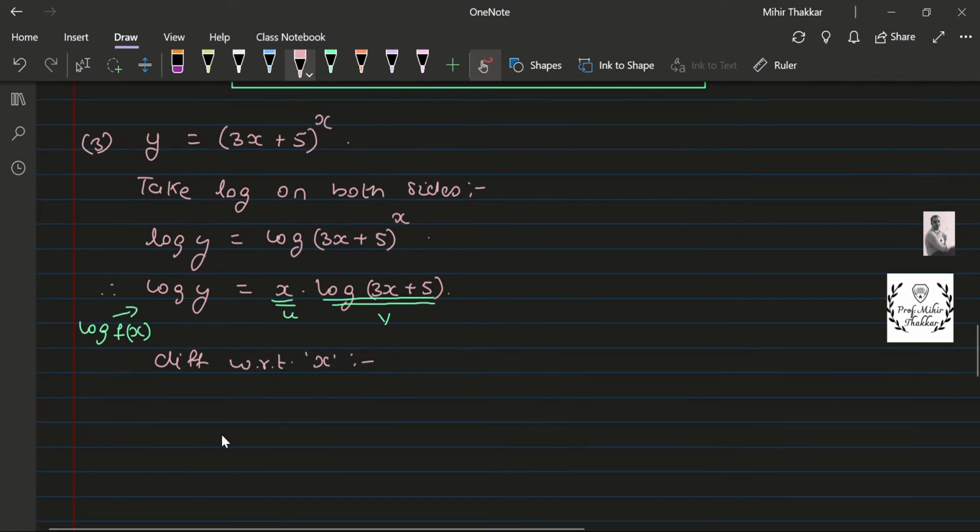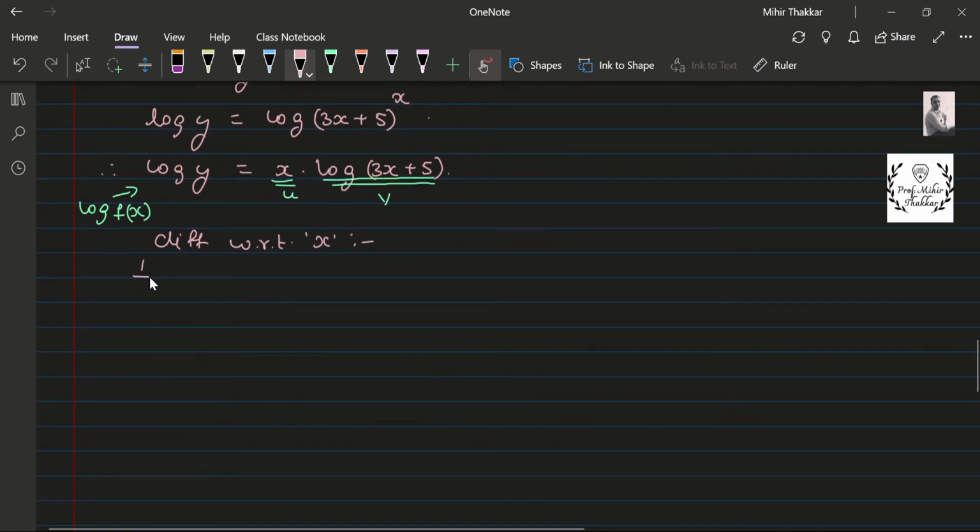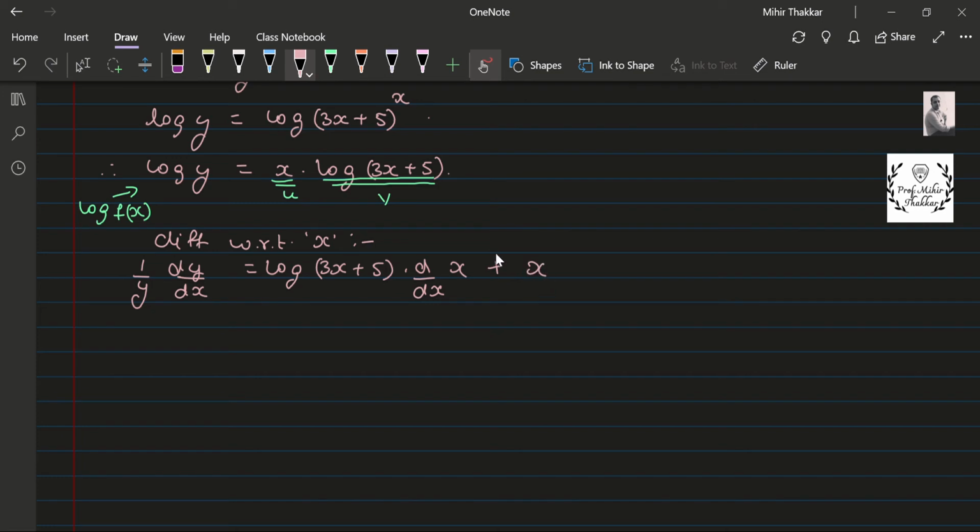Just as we did in the previous case, now we will differentiate this with respect to x. Derivative of log y, as you all know, is 1 by y into dy by dx. On the right hand side, we will apply the multiplication rule: v into derivative of u, so log 3x plus 5 multiplied by derivative of x, plus u into derivative of v, so it is x into derivative of log of 3x plus 5.